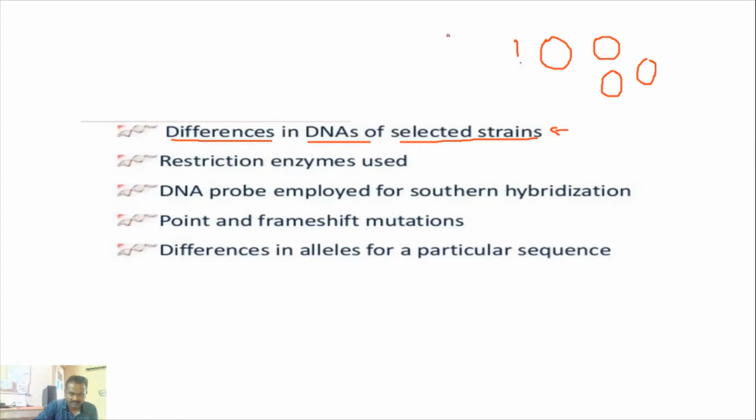Take a forensic problem: whether a parent, a male or a female, is the parent, and there are one, two, three siblings, that means brothers and sisters. Some economic or socio-economic problem arises, and some of them go out from the family.